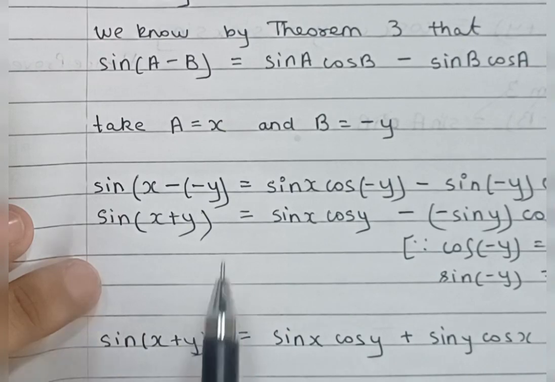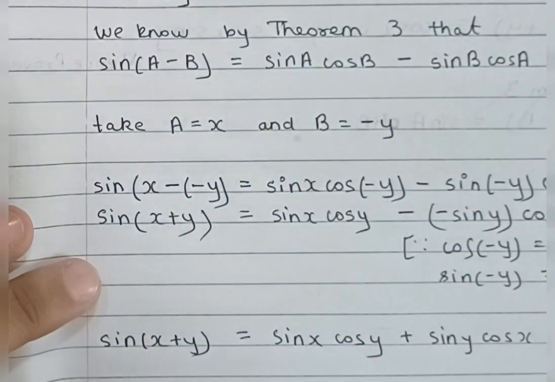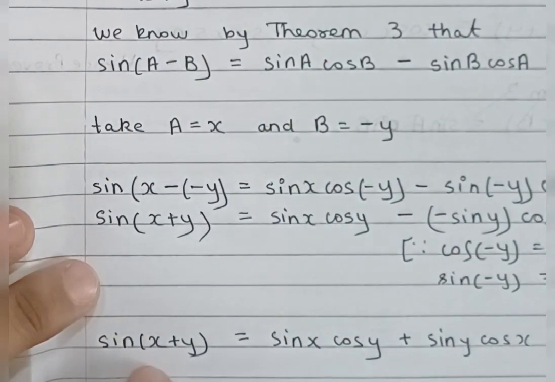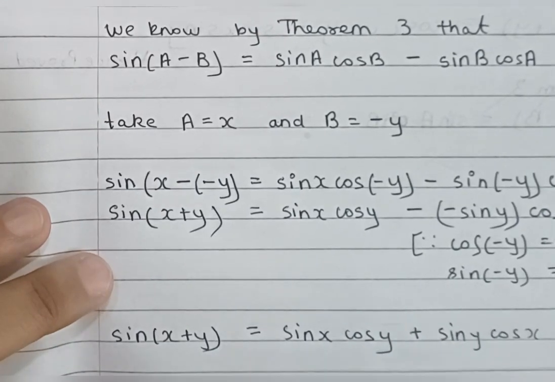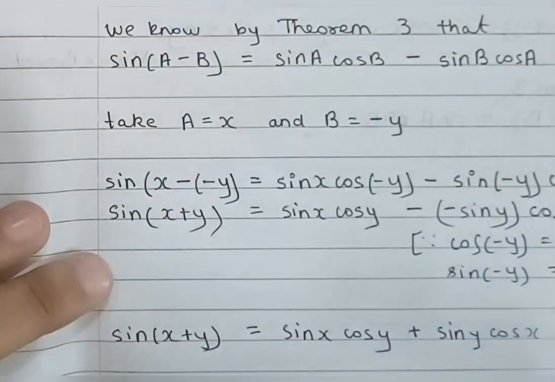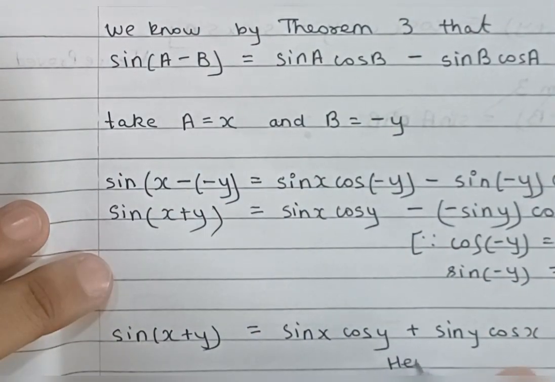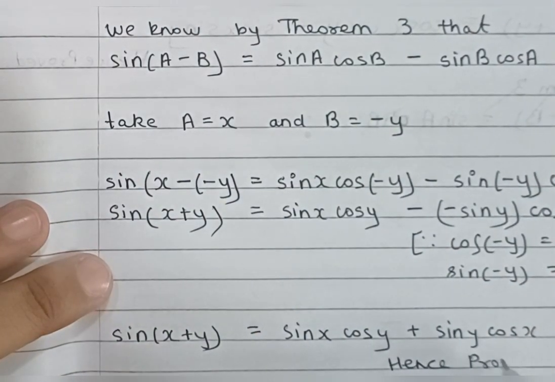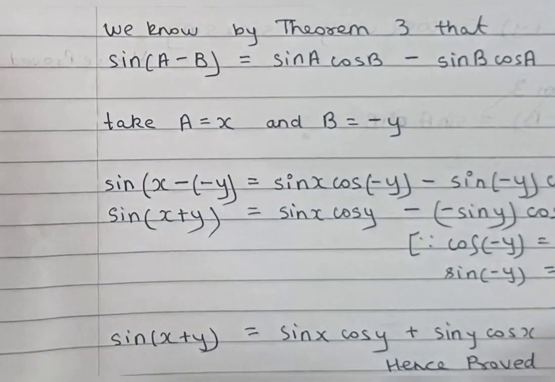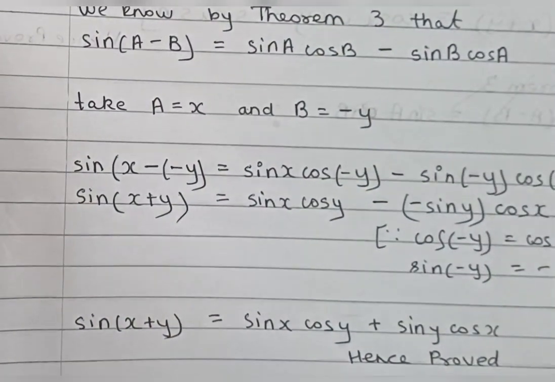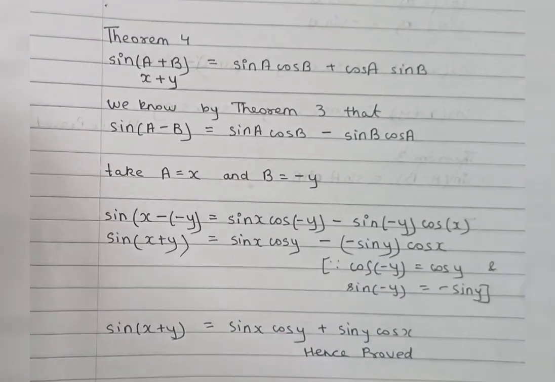In case of x and y, you all can substitute a and b, you all can substitute c and d, but the proof remains the same. We have proved this. Therefore, we have proved the theorem 4 also. Hence proved. You all can take any variables. Just it is that the proof will always remain same. So like this, the theorem is proved. You all can have a look on this theorem.